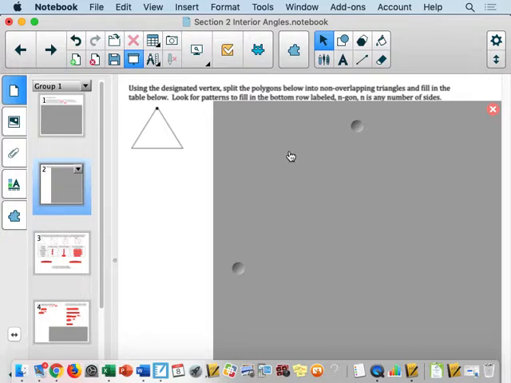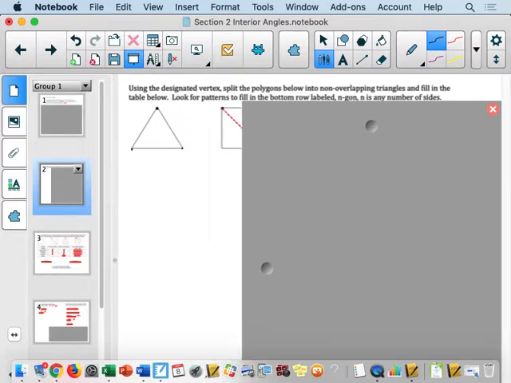Then we're going to fill in the table. If I designate this vertex here and try to divide this into more triangles, I can only draw to the other vertices, and when I do that, I just create a side. So I really can't divide this up, and it's just going to stay the way it is.